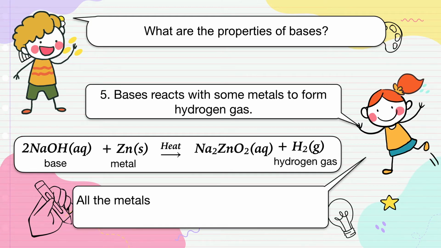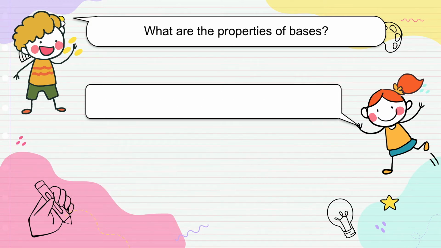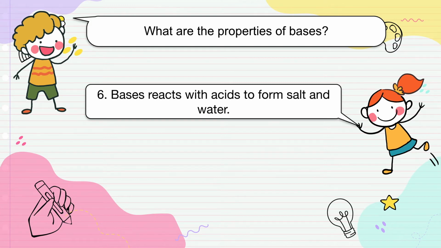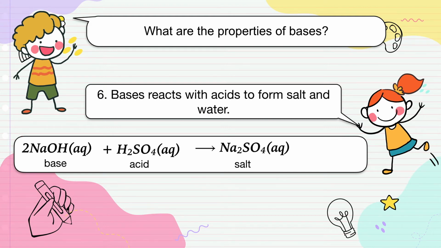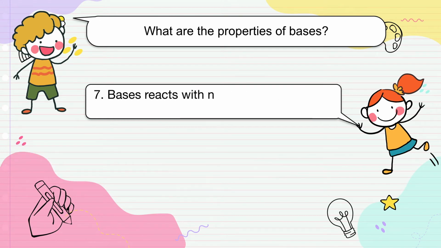All the metals do not react with bases to form salt and hydrogen gas. Bases react with acids to form salt and water. Bases react with non-metals to form salt and water.